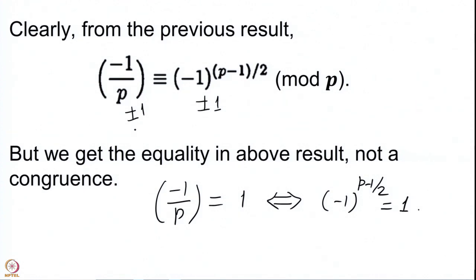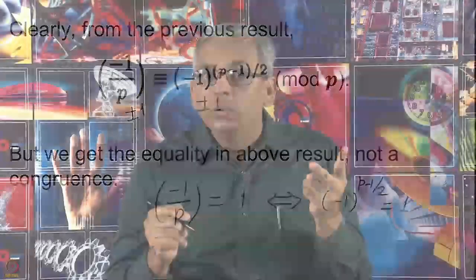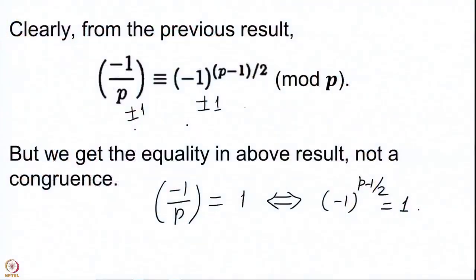Because if this were 1 and this were -1, then the difference of 1 and -1, being 2, would be divisible by an odd prime, which is not possible. So here, because the numbers are 1 and -1, the differences can be 0 or 2 or -2. Therefore, since p is an odd prime, the difference is only allowed to be 0. So instead of congruence, we have an exact equality.